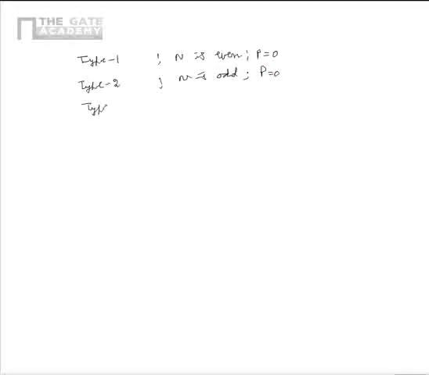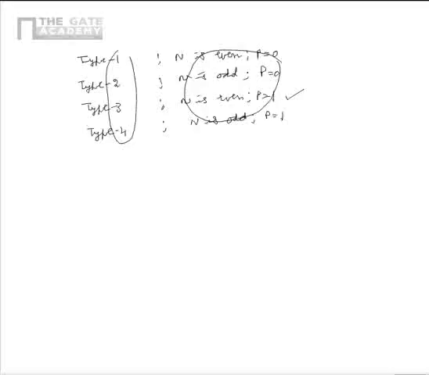If the system is of type 3, we see that n is even and p is equal to 1. That is, in this case, the negative sign appears. Similarly, if the system is type 4, then n is odd and p is equal to 1. So from this we see that based on the nature of n and p, we can classify the system as either type 1 or type 2 or type 3 or type 4.